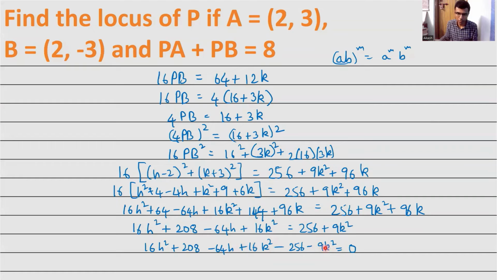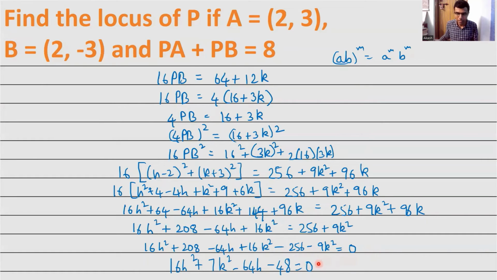So 16k square minus 9k square is going to be 7k square, and 208 minus 256 is going to be minus 48. So if I put that here, I get 16h square plus 7k square minus 64h minus 48 is equal to 0. Yeah, we really required focus to do this question on locus.